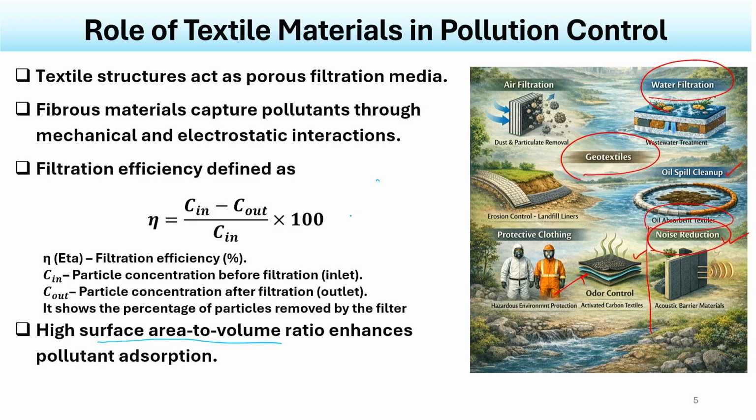So, if we take one fiber, say a coarse fiber, and calculate the surface area per unit volume, it is expressed as the specific surface area S, which will be inversely proportional to the diameter of the fiber.